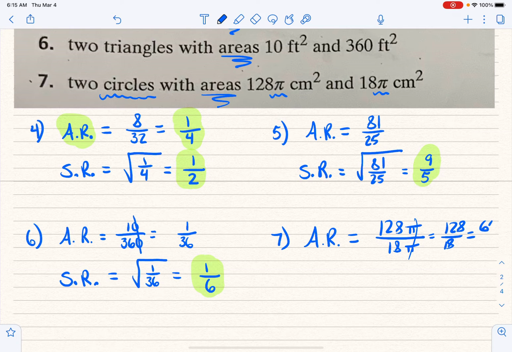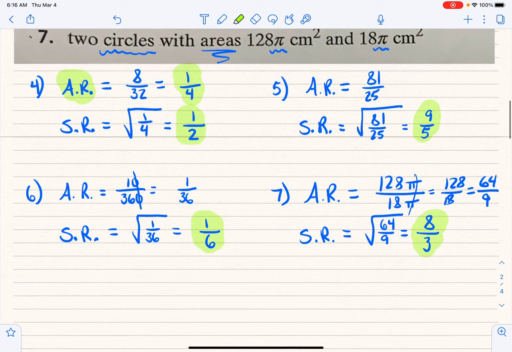So half of 128 is 64, and half of 18 is 9. Now, it doesn't reduce past that. So the similarity ratio is the square root of 64 over 9. Well, the square root of 64 is 8, and the square root of 9 is 3. Okay? So the similarity ratio is 8/3.